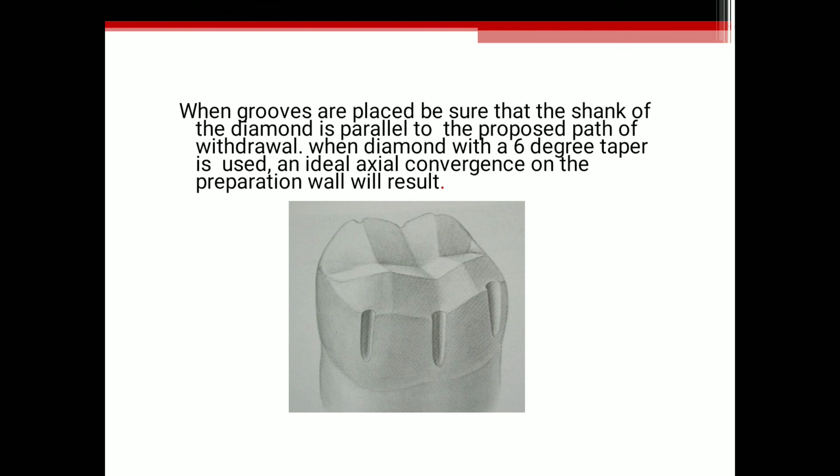Don't go for more taper. What happens if you go for more taper? Automatically your retention will be compromised. So first check how the placement of your burr is, whether you are going more tapering or not. Then only complete your tooth preparation.